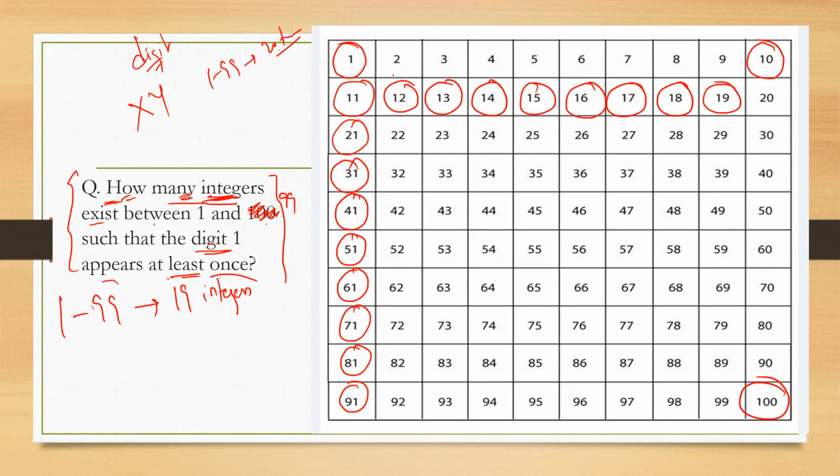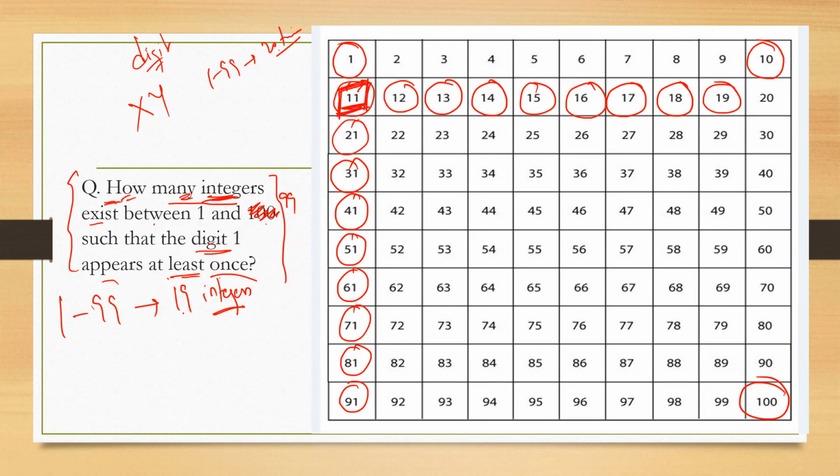The reason is because of this number, where the digit repeats itself. When we are counting digits, we count the digits as two separate entities. One appears in the tens place, one appears in the units place. Whereas when we talk about integers, we count them as a single entity.